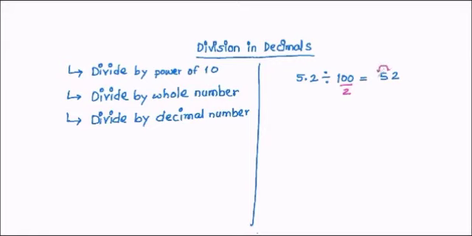We moved one place. We don't have a number to move the second place, so we'll add 0 and we'll move second place. And hence our decimal point will come just before 0 and our answer is equal to 0.052.